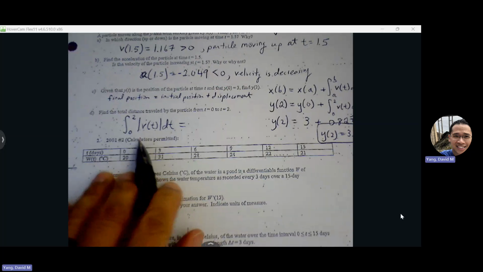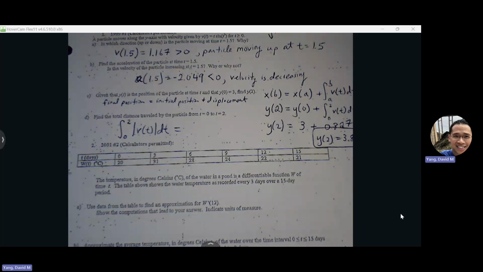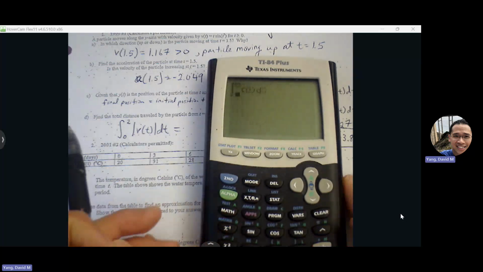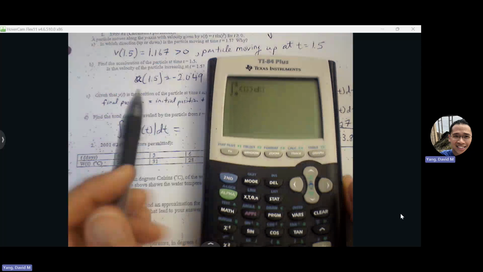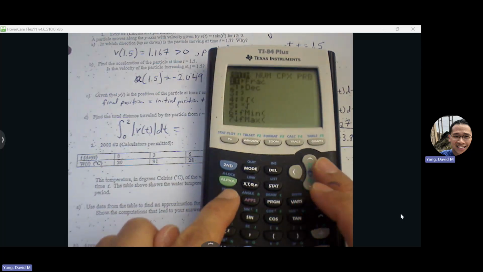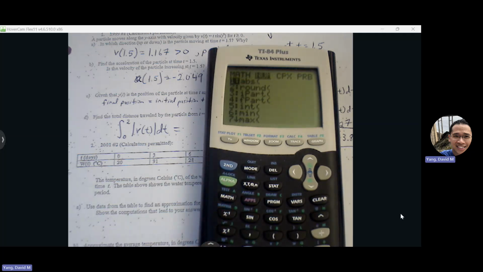Okay, so let me again show you these three features in each of the calculators. If you want to do absolute value, you're still going to do math 9, from 0 to 2. And then you're going to call the absolute value feature. The absolute value feature is stored under math, number, ABS.